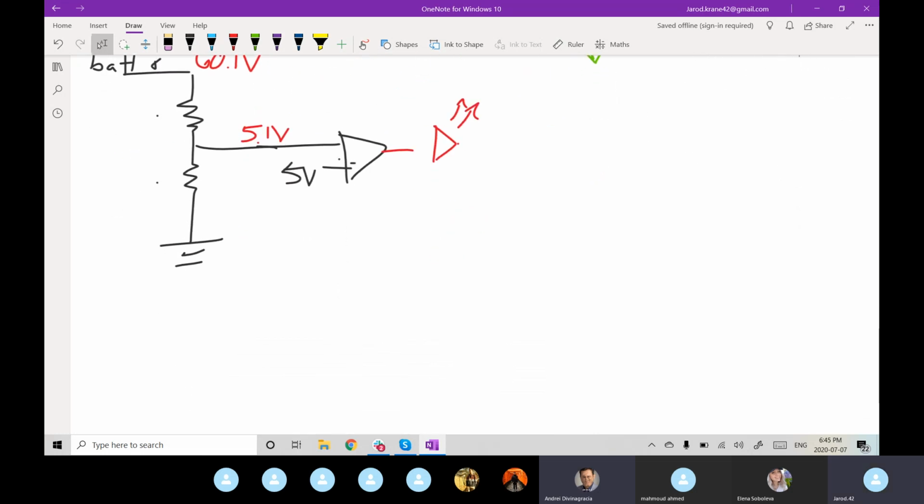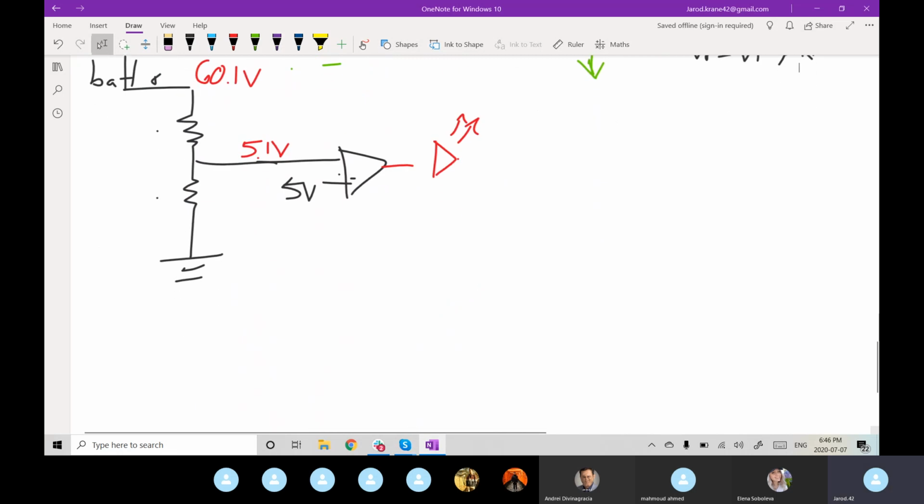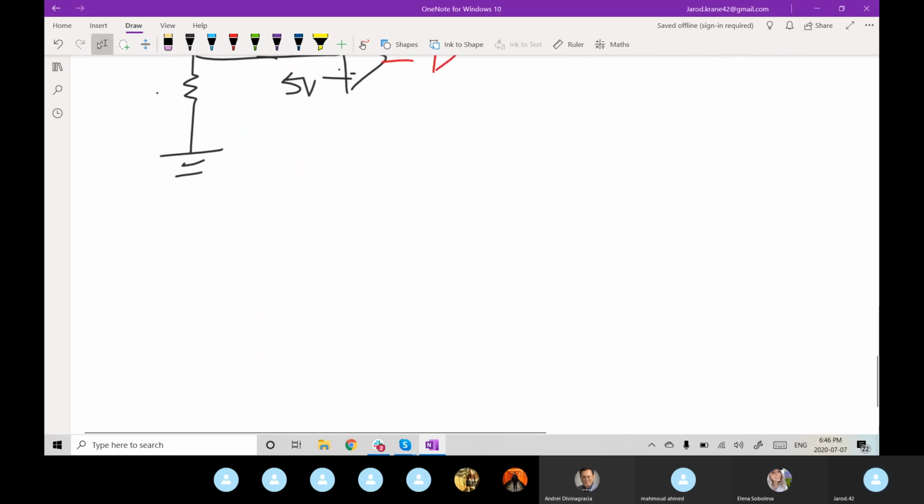Good. Anything else on the comparator setup? Okay.